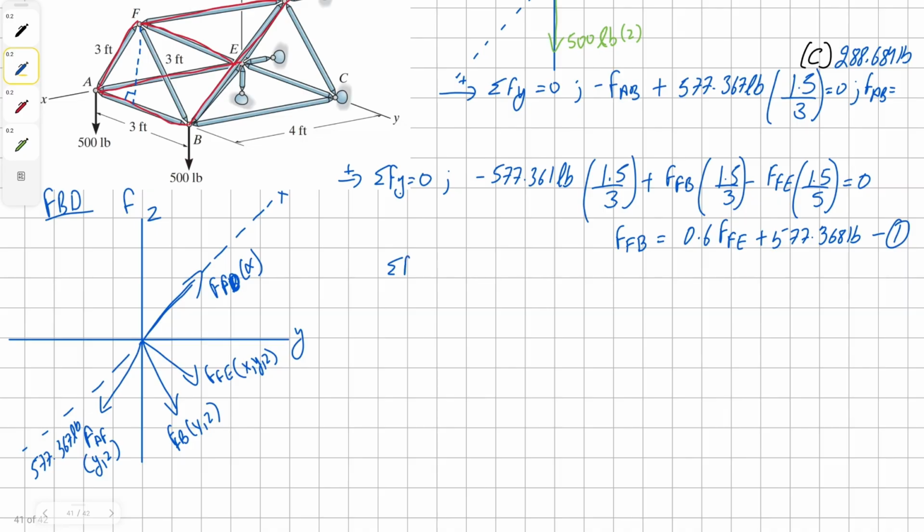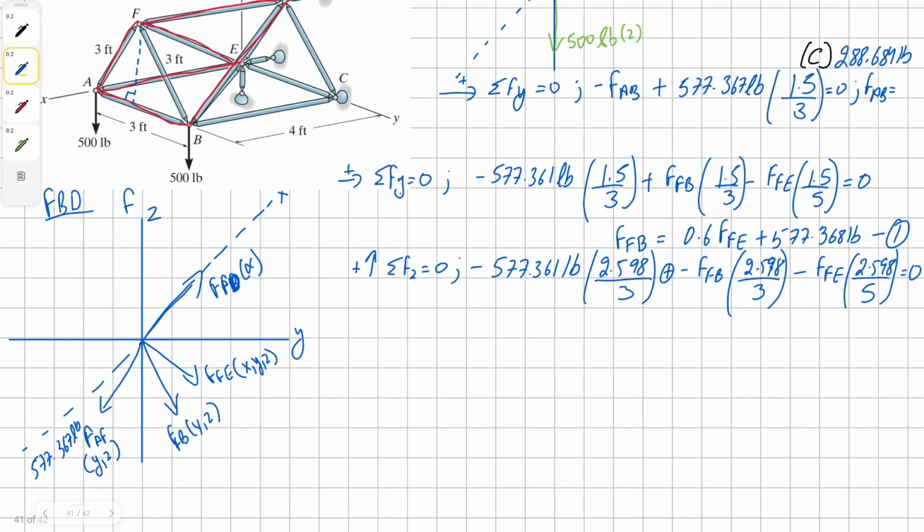Now we can sum the forces in the z direction. Again, we're going to have the z component of AF, FB, and FE equals 0. Now what we can do here is plug equation 1 into our current equation. So we're going to have negative 500 pounds, then negative 0.52 FE, and then another negative 500 pounds and a negative 0.52 FE, all equals 0.